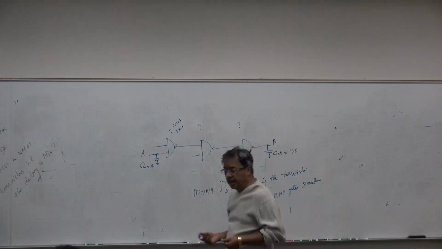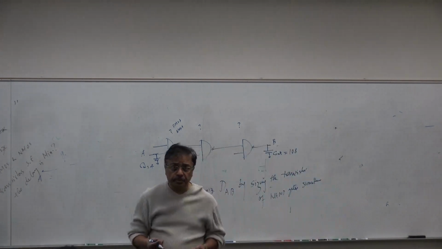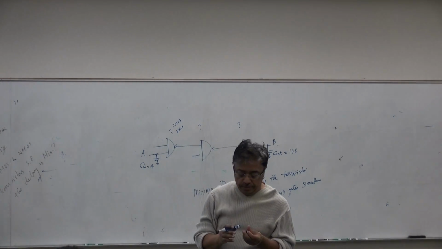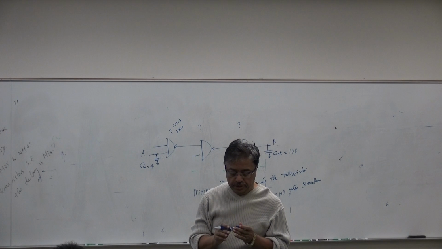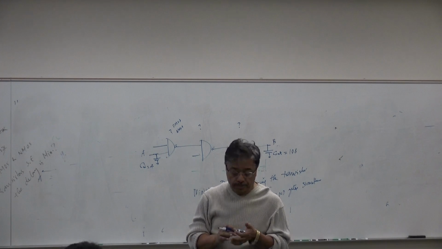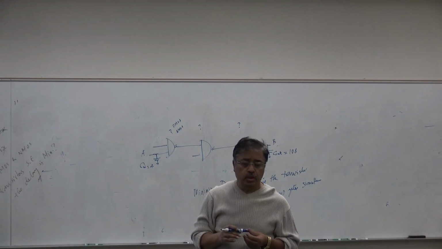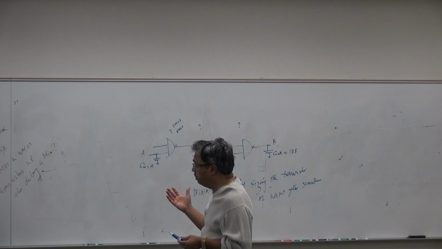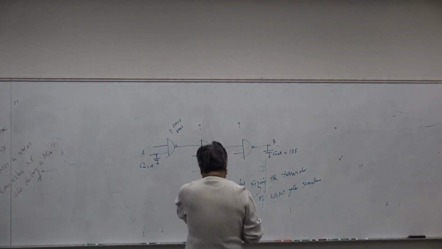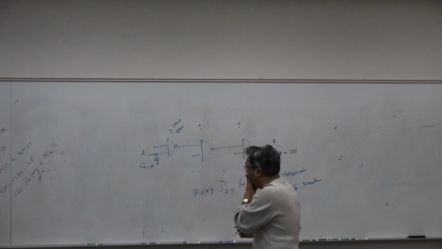Now this is a small example you can do by hand, and that's what I will show you. But when you go to companies, you may have to solve a very large problem. Then there are some tools, polynomial solver tools, which help you to do the simultaneous sizing of the transistors. So let's see what we do here.